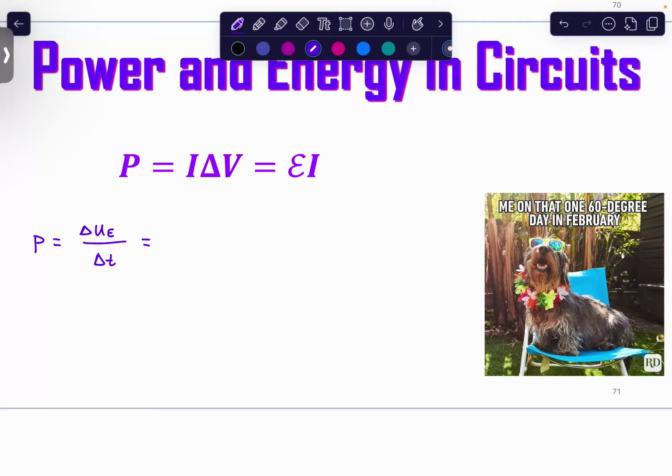Now, delta U can be expanded into what equation involving charge? You're thinking of gravity. That's gravity stuff from last semester. And charge over time is what? The rate of change of charge. It's current.